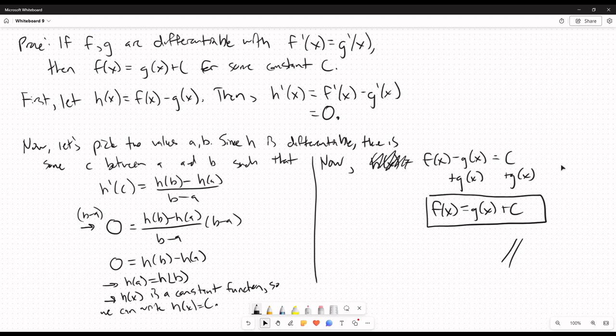But what the mean value theorem tells us is that no matter what different antiderivatives we have, they all just differ from each other by some constant. So it's good enough to just pick your favorite antiderivative and then add a plus c, because then you can get to any other antiderivative just by modifying the constant appropriately. So it's the mean value theorem that allows us to describe all the antiderivatives for a given function in this way.